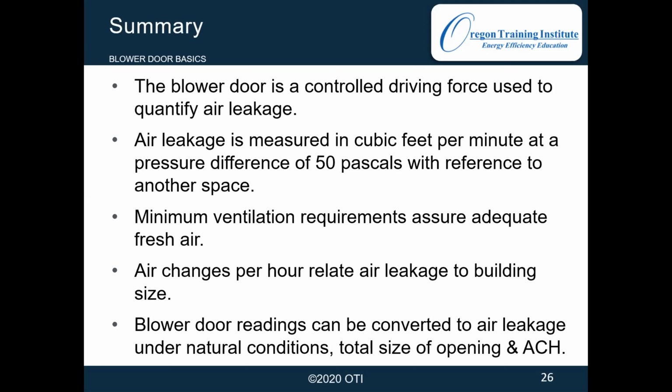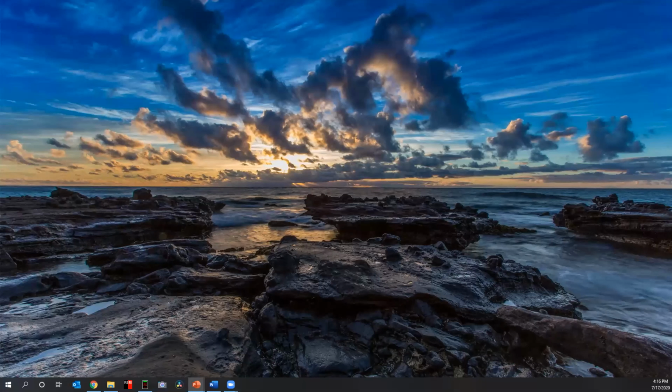We can convert that into square inches so we can visualize it. And remember, for every inch of water column, 250 pascals, so we can convert between the two. If you guys have any questions, be sure and drop them in the chat.